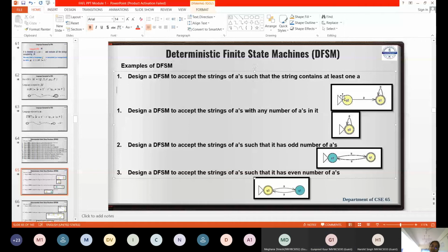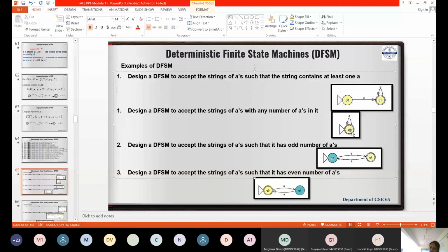Okay. It's coming to the next question. Design a DFSM to accept the string of A's with any number of A's in it. I think you understood now. Any number of A's means even 0 number of A's. Correct? So for 0 number of A's, without consuming any input, I'm in Q0.